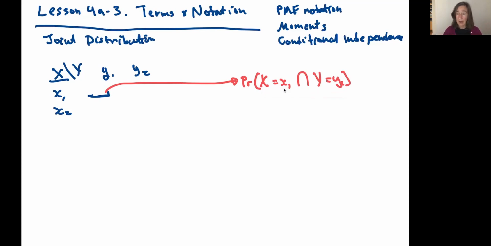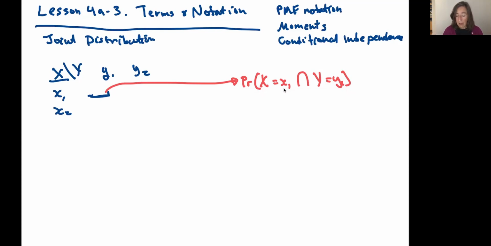Then we can think more explicitly about the fact that this probability is a function assigning values to joint realizations. In this case, our joint realizations are numbers, so we're thinking about a probability function that takes numbers like x1 and y1 and assigns a probability to them.